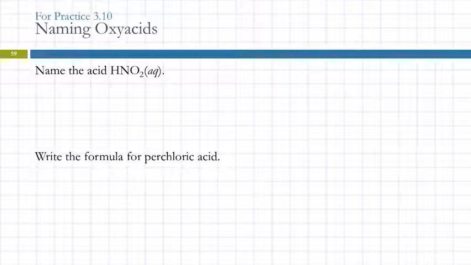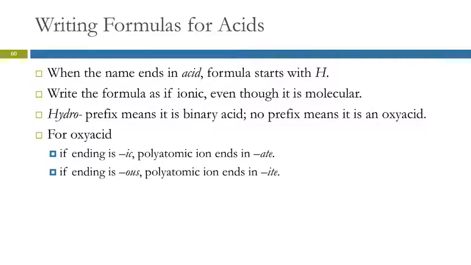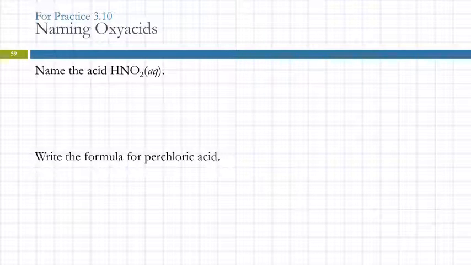Is it an oxyacid? Does it have oxygen? Yes, it does. If it didn't have oxygen, then we'd use the hydro-blank-ic acid formula. But this has oxygen in it. So what we want to do is identify the name of NO2 minus.